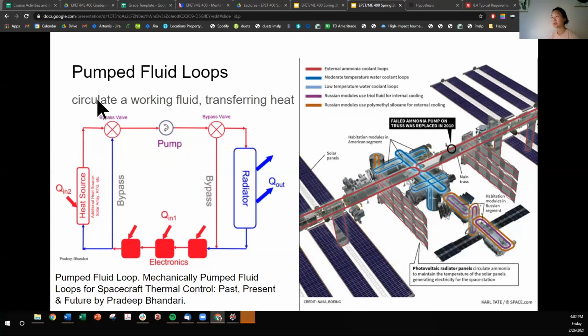The pump acts to circulate a working fluid, transferring heat from the different heat sources to the fluid to eventually a radiator. I feel like it's pretty intuitive, and I guess we don't really use it in CubeSats that often. I've never seen it, but maybe if you work on a larger spacecraft, it'll be more relevant.